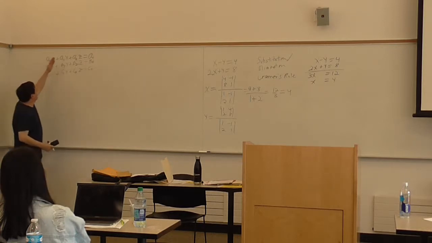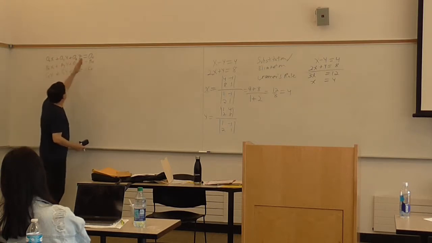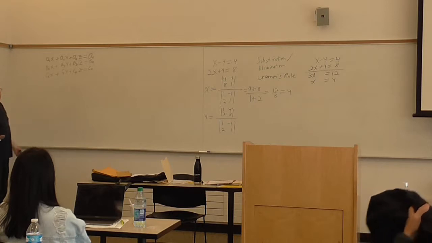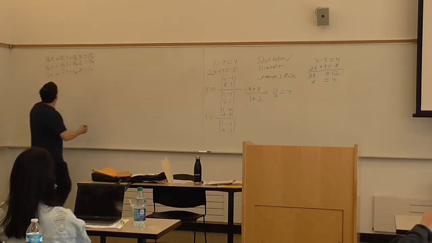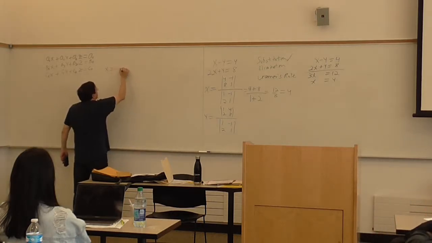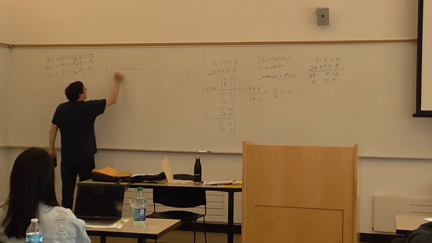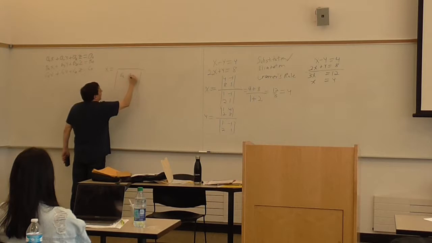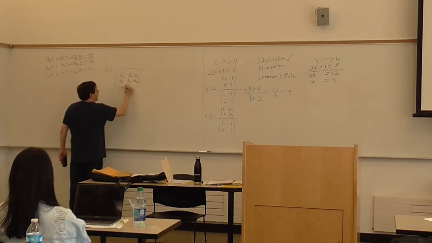I mean, if I had to say A, B, C, D, E, F, G, H, I'd start getting lost. Well, it turns out Cramer's rule looks pretty much the same. My x is just, the denominator is going to be ax, ay, az, bx, by, bz, cx, cy, cz.